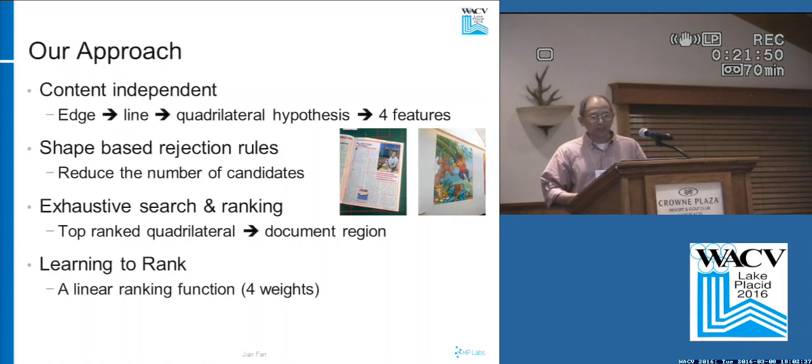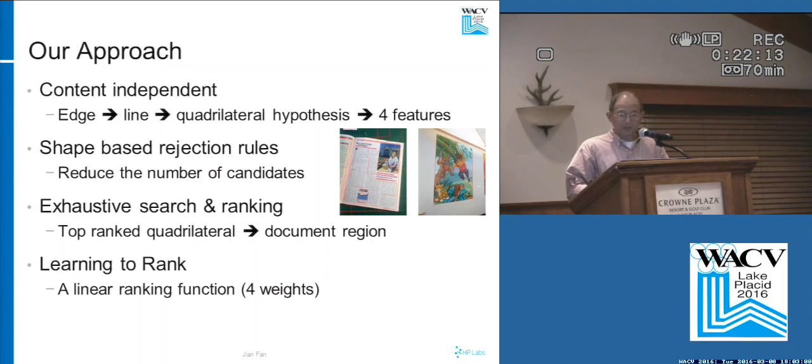You can imagine, because we detect many lines, every 4 lines will make a quadrilateral candidate. So there could be a huge number of such quadrilaterals. So it is desirable to reduce the search space, the number of candidate quadrilaterals.